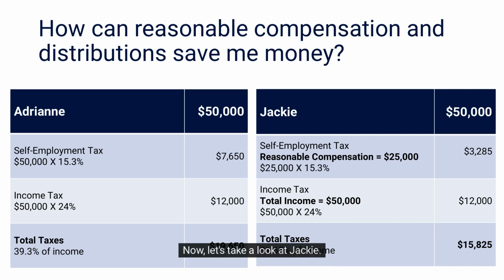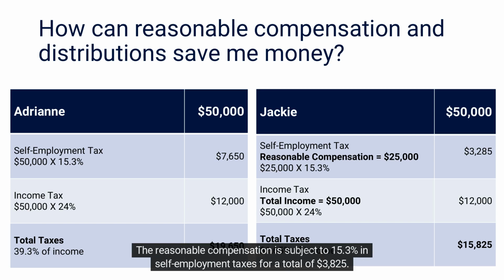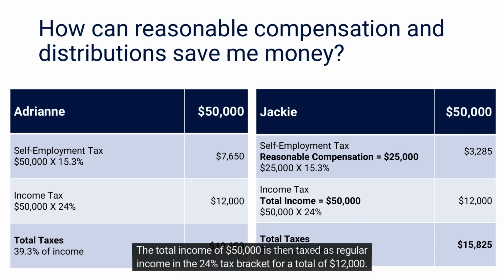Now let's take a look at Jackie. She takes half her income as her reasonable compensation, and the remaining $25,000 as a distribution. The reasonable compensation is subject to 15.3% in self-employment taxes for a total of $3,825. The total income of $50,000 is then taxed as regular income in the 24% tax bracket for a total of $12,000.